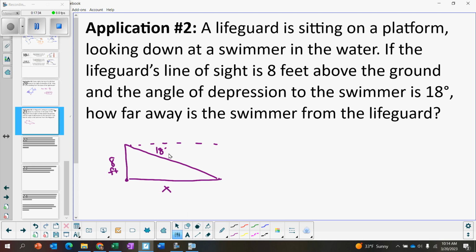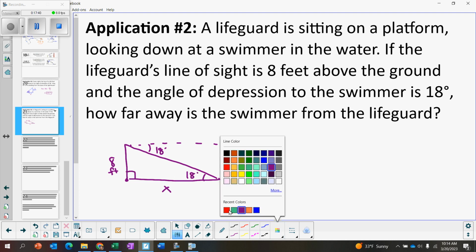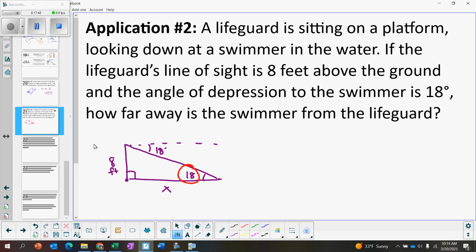So we know that this 18 would be the same as this 18. So with this angle, that's O and A. Tangent 18 equals 8 over x. So we're going to do 8 divided by the tangent of 18, and I get 24.6, and this is also in terms of feet.